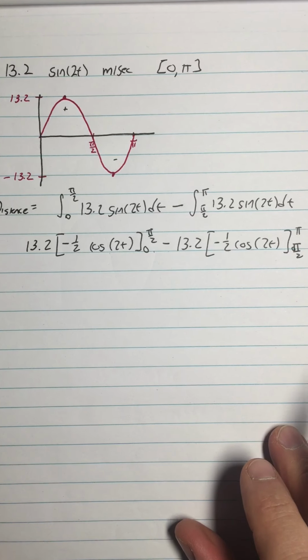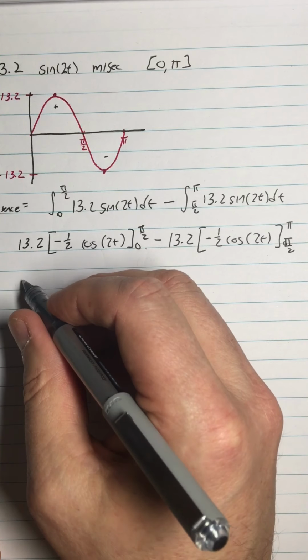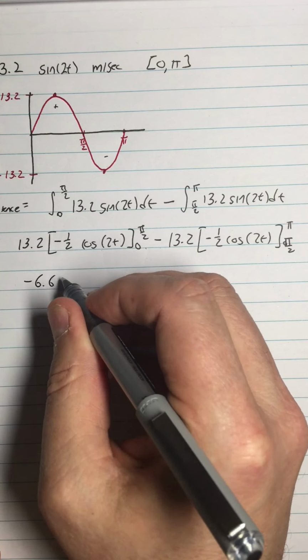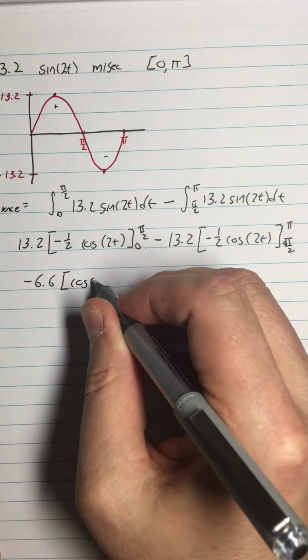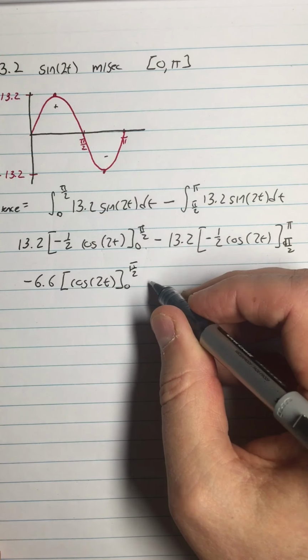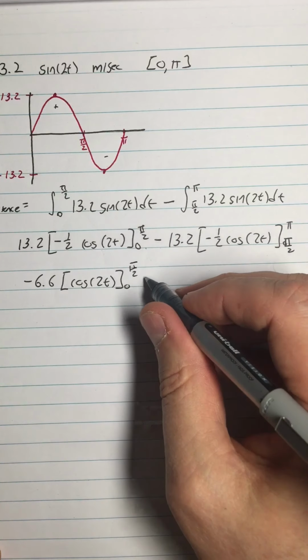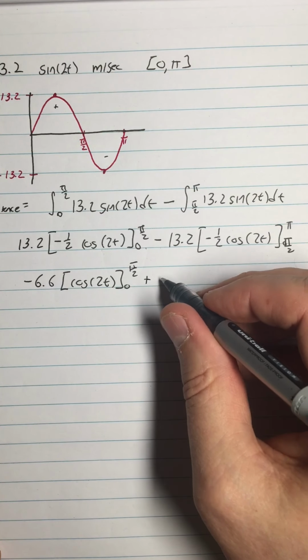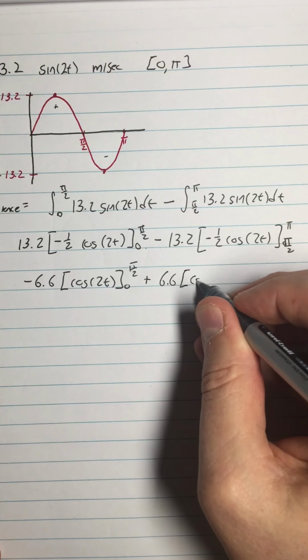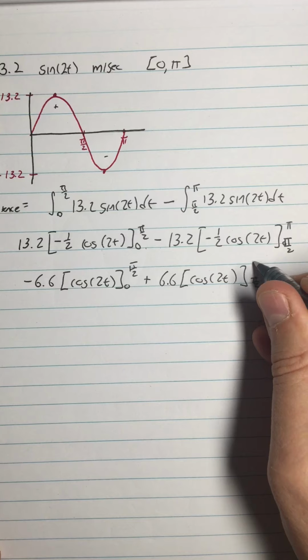All right, so now we'll just go through and calculate those. Again, I'm going to factor out the 1/2 and have negative 6.6 times cosine of 2t from 0 to pi over 2. All I'm doing in this step is factoring out the 6.6 and the negative 1/2. Then this is going to be plus 6.6 cosine of 2t from pi over 2 to pi.